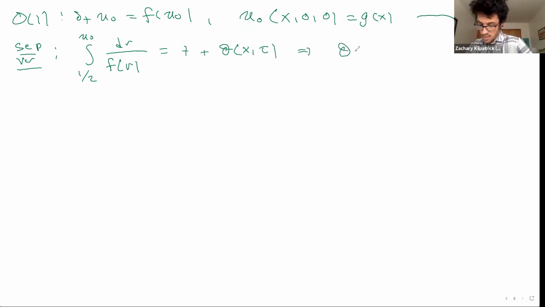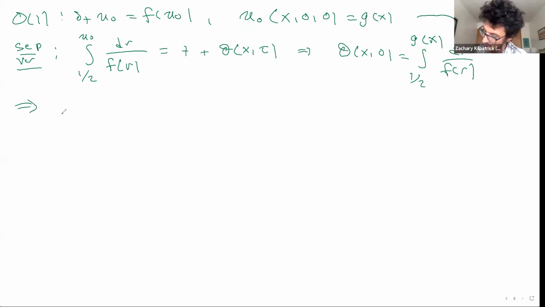And theta of x at t equals 0 is equal to the integral from 1/2 to g of x of dr over f of r. That's just applying the initial condition to this formula.